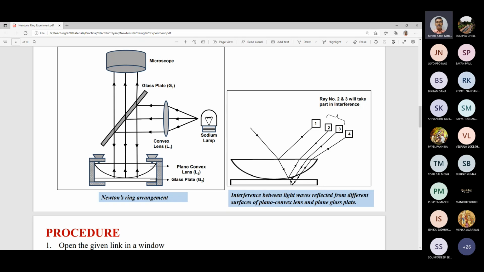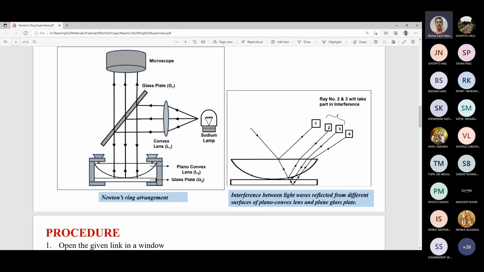And the third one, it is also again transmitted through this glass plate, and then it will be reflected back again, and it will show you this type of beam. Or another way we can say, if this surface is open, then this beam will transmit through this region.